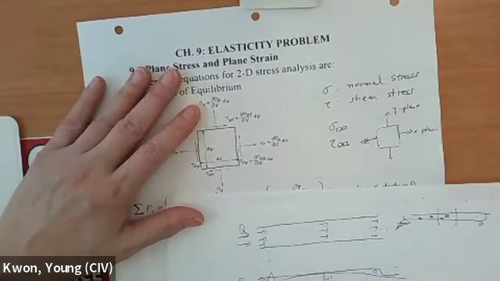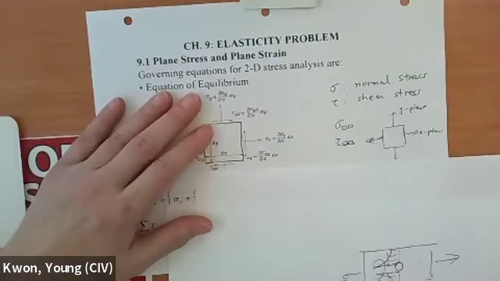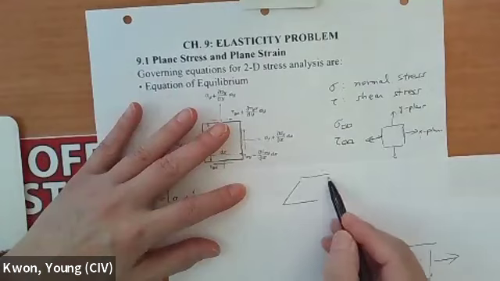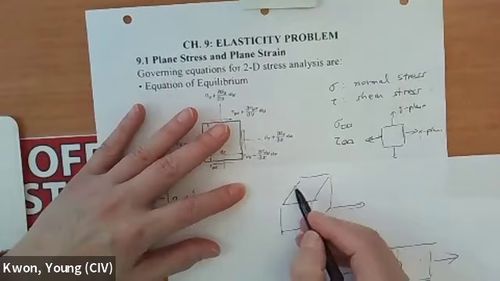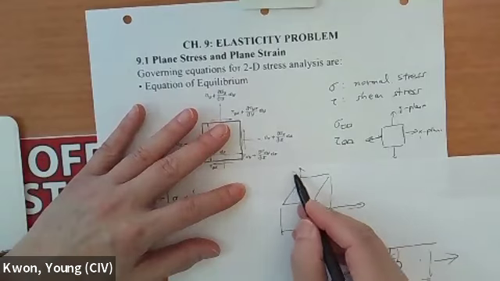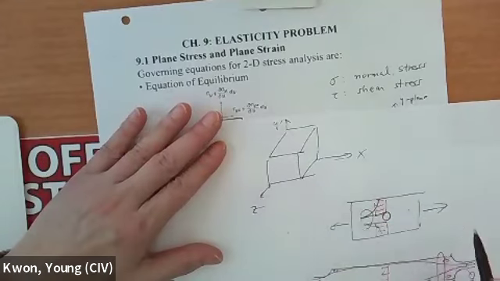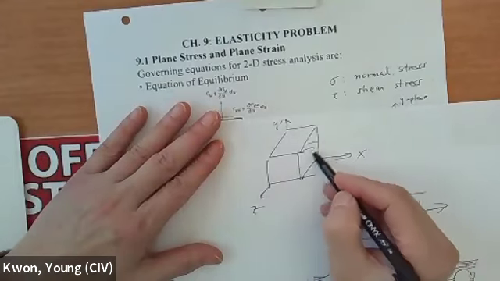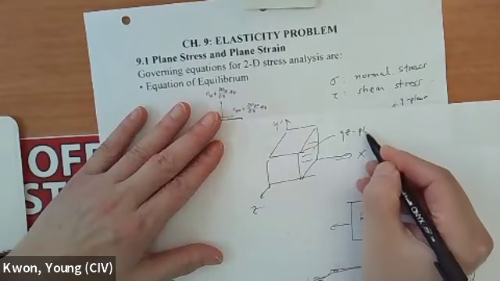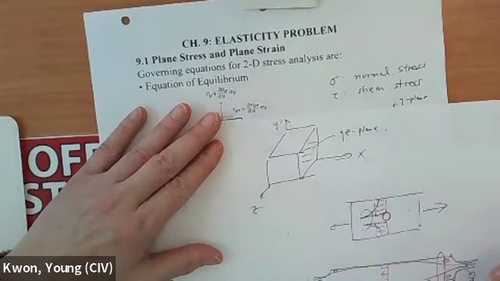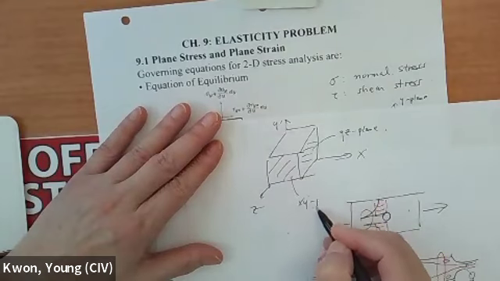Then, if you look at it in terms of a 3D perspective, if I have a cube like this one, X, Y, and Z, then usually this plane we call the YZ plane, right? And this is called the XY plane.